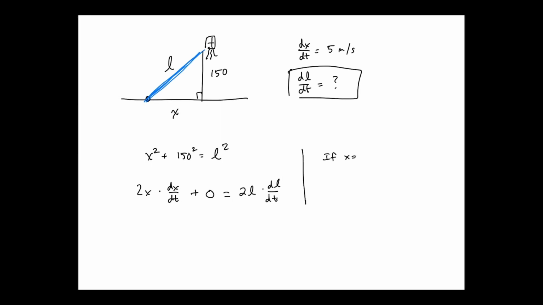If L equals 250, then x is the square root of 250 squared minus 150 squared, which is going to be, well, let's think of it this way.